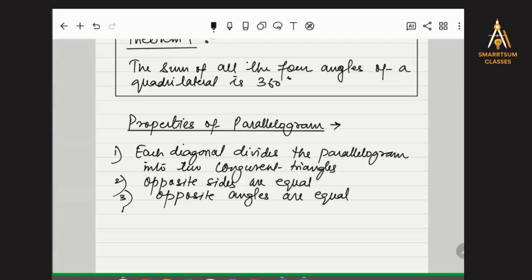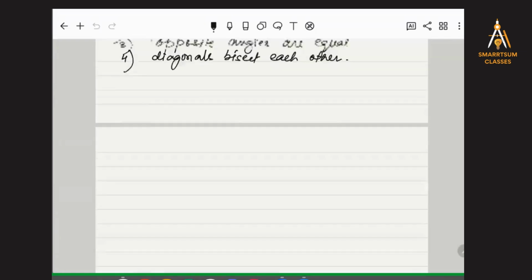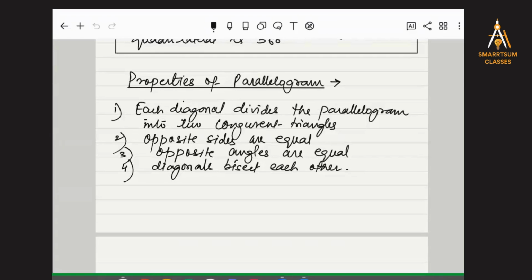And the fourth one is diagonals bisect each other. These are important properties, right? Because we are going to use these properties while doing the questions. If you don't know the properties, then it would be difficult for you to find the answer. Sometimes it is given in the question that this is a parallelogram. As soon as it is given, its properties apply.